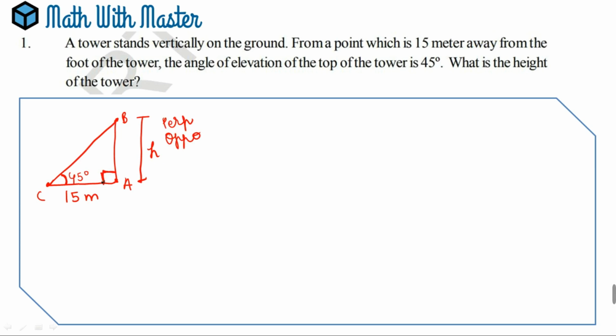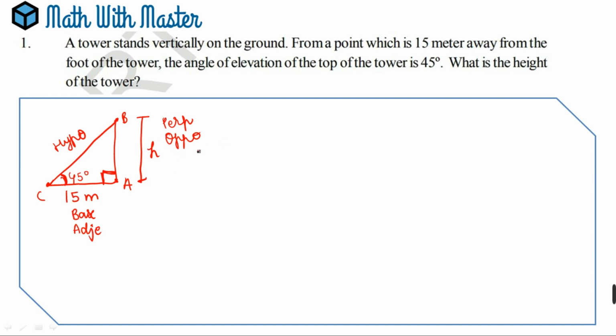The tower is standing vertically on the ground, so there will be a right angle over here, and this will be a right angle triangle, and then BC will become the hypotenuse of this right angle triangle, and for this angle C, the base or adjacent is AC. So here we should find a ratio which has H and 15. We need a value.